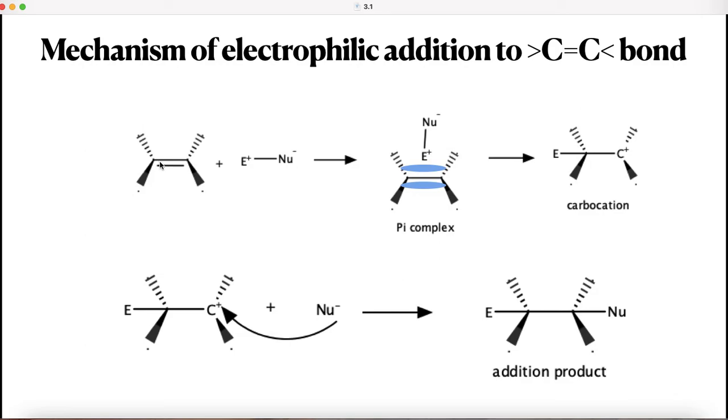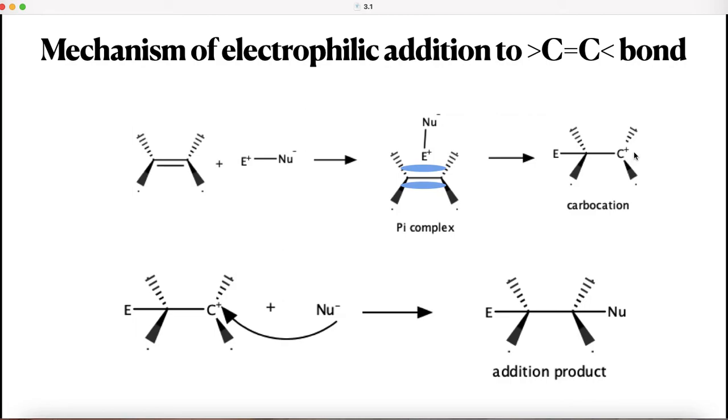This pi bond attracts the electrophilic end of the reagent to form a weak pi bond complex. The positive, that is the electrophilic end of the reagent, is added to the pi electron cloud to give the positively charged pi complex.